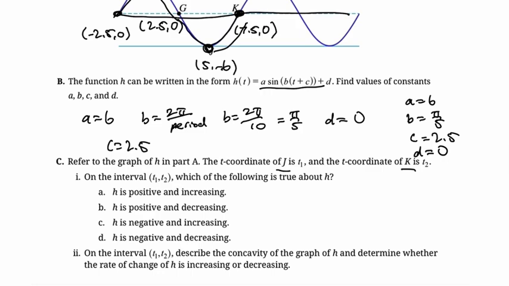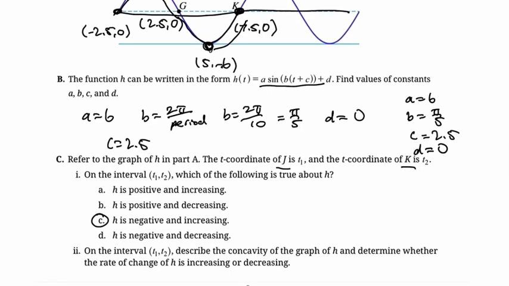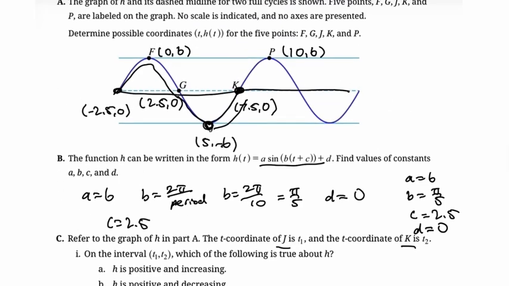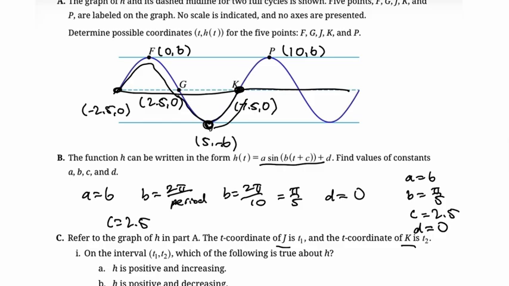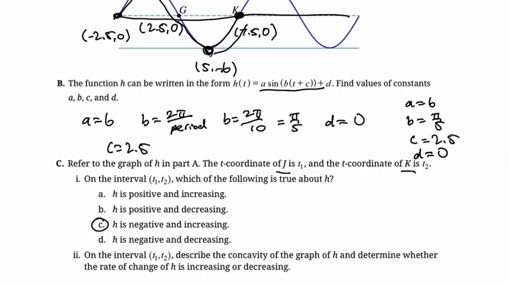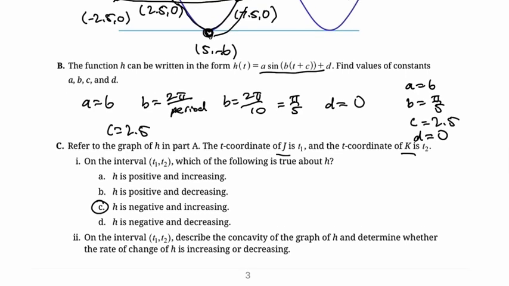So the answer for that one is negative and increasing, option C. Then on the same interval, we have to describe the concavity of the graph h and determine whether the rate of change of h is increasing or decreasing. Here we can see that the rate of change is increasing because the graph is getting steeper. So we say the graph is concave up.